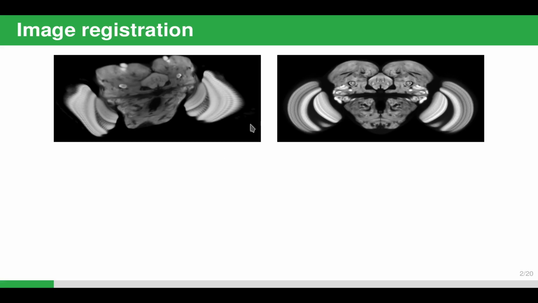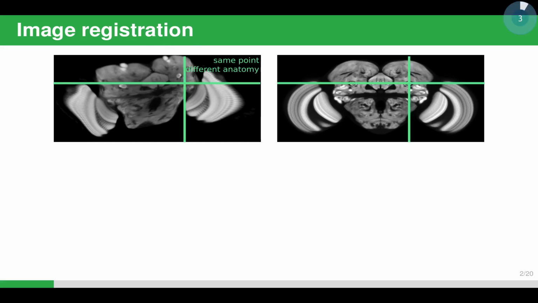Here we have two different individual fruit flies, Drosophila melanogaster, that we would like to spatially compare. And usually the images that come directly off the imaging system don't have the property that we want, which is that the same point in the image has different anatomy.